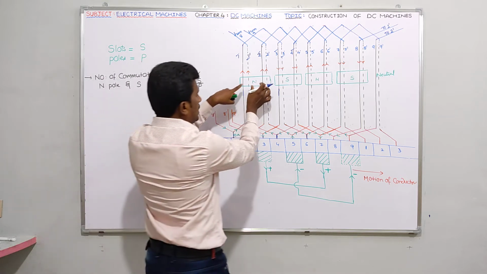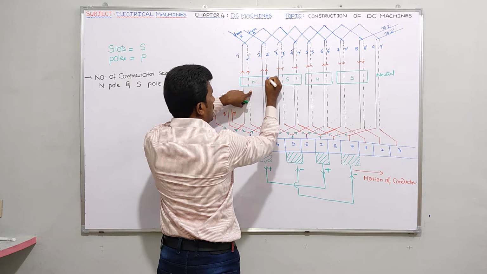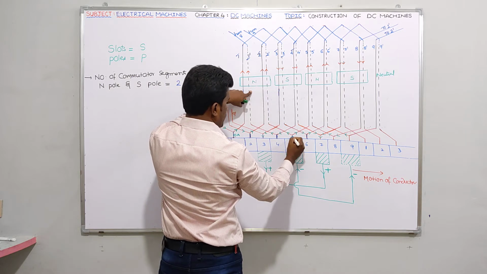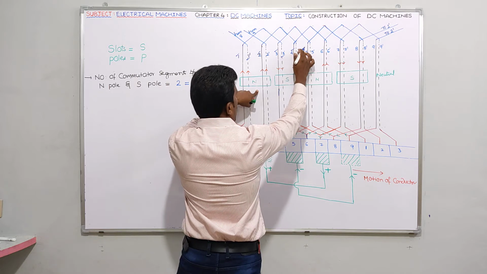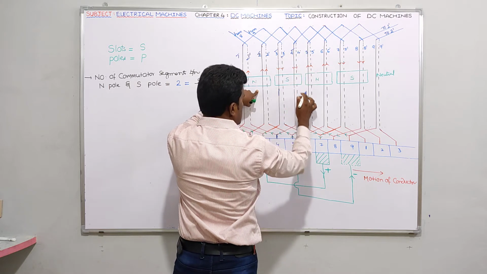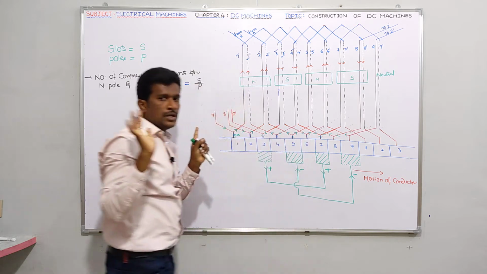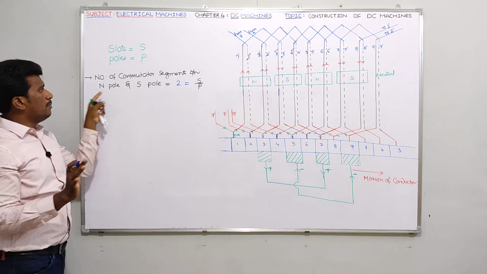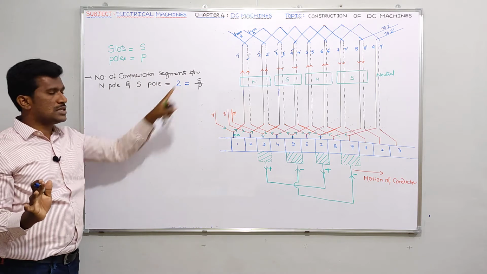Under the north pole, in the second slot, bottom conductor 2 dash is connected to the fifth segment, and under the south pole, slot number 4 bottom conductor 4 dash is connected to 7. 7 minus 5 is 2. Therefore, the number of commutator segments between north pole and south pole is equal to slots per pole.